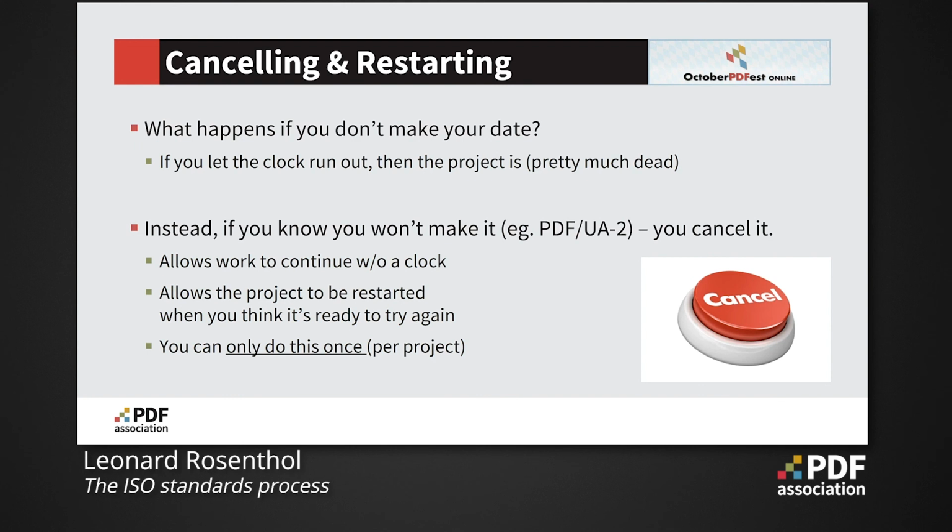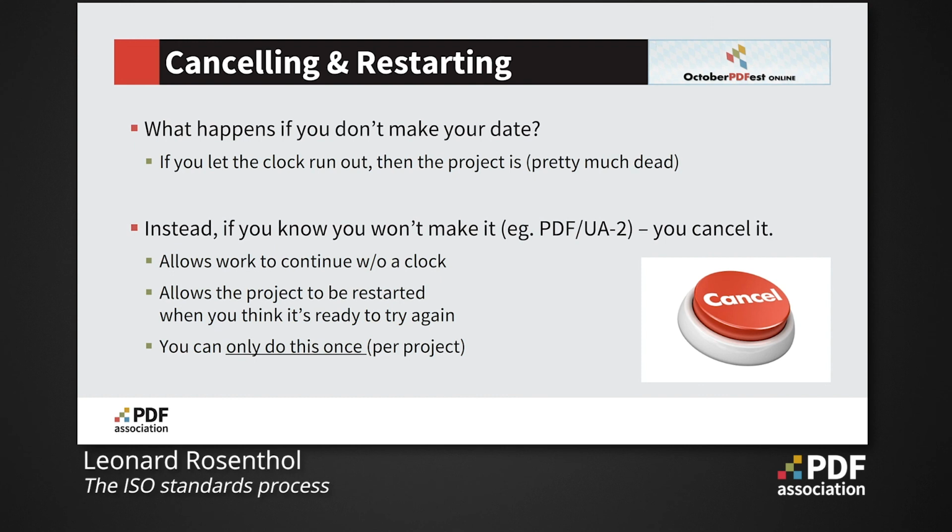What that means is, and this is a benefit of the alignment between the PDF Association and the ISO, we are now able to continue working within the auspices of the association on this document, without a clock. In a sense, we've taken it back to that NWI original proposal stage, and we're working on it in that fashion.